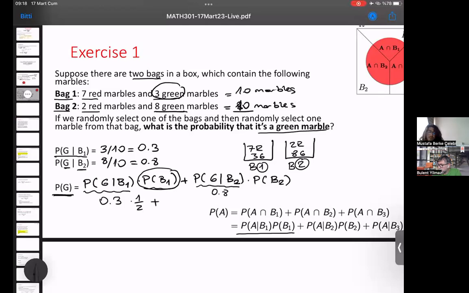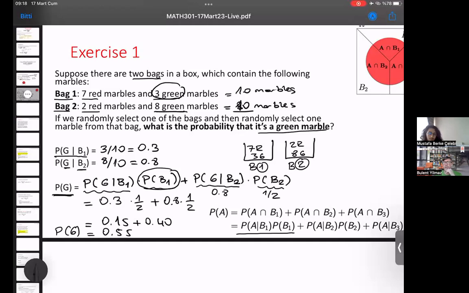It's 0.8. This is also 1 over 2. 0.8 times 1 over 2. Finally, it's going to be 0.15 plus 0.40, and it's going to be 0.55. That is the probability of green in this situation.